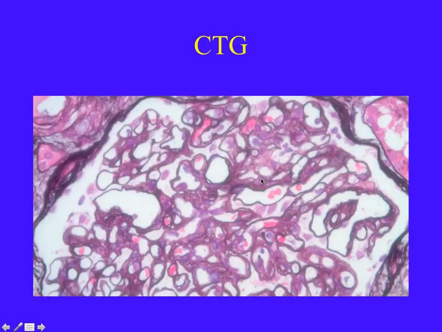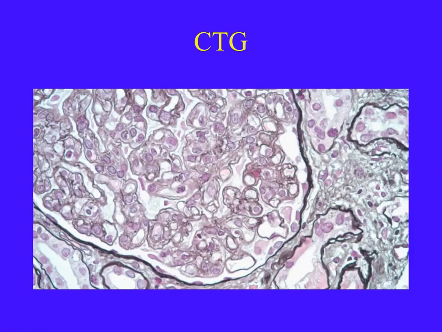And if we look at the silver stain from this case, we see that there are segments of the tufts that show double contours, double layering of the glomerular basement membranes. As this lesion progresses, it may show more severe appearances of the glomeruli, as in this example here, where we have more than 90% of the tuft involved by double contouring.